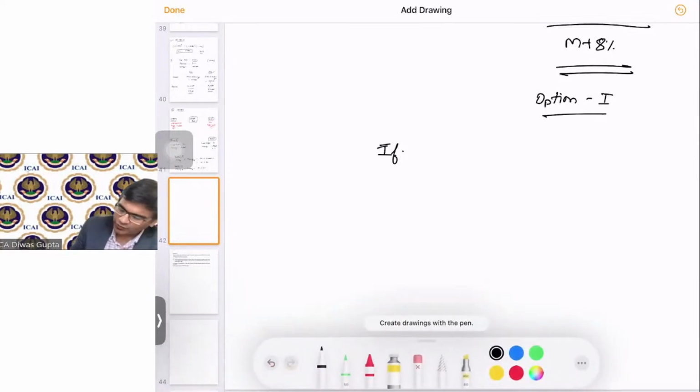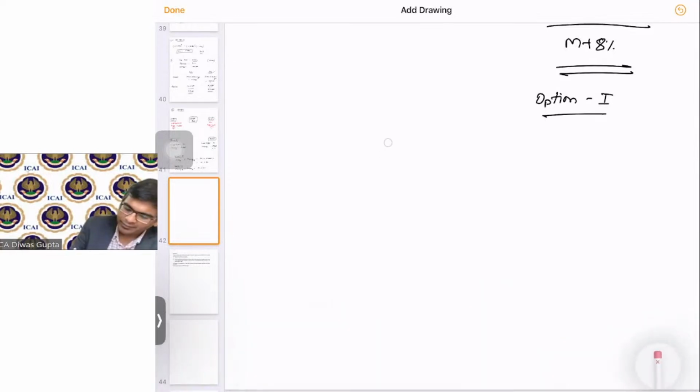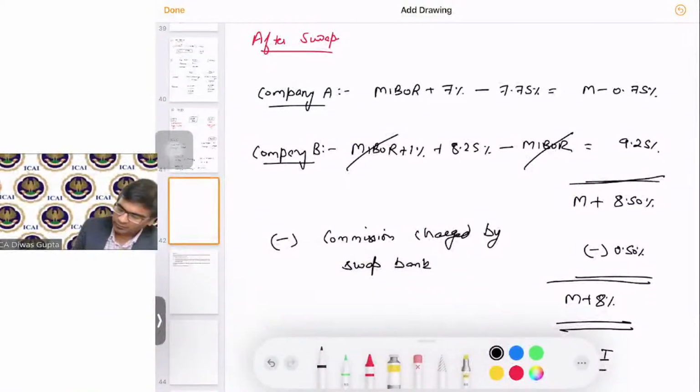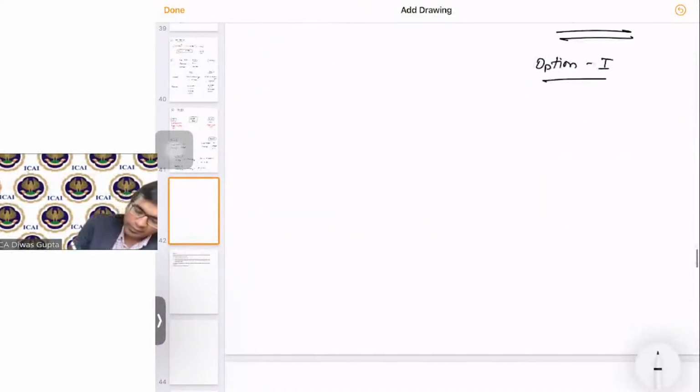Without swap, no swap and swap. Company A.